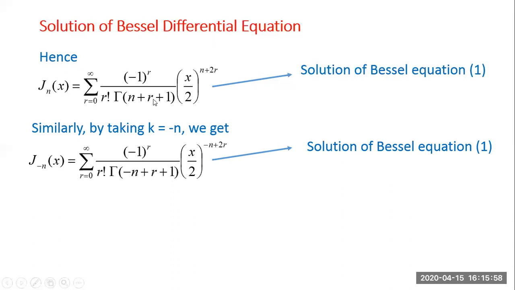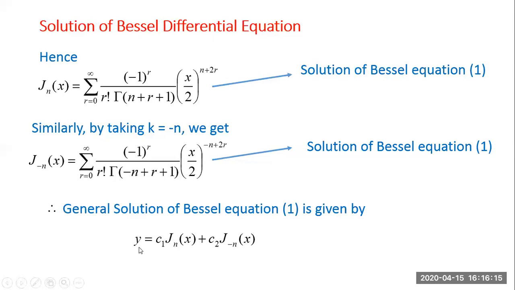So the Bessel's equation is a second order differential equation. And if Jn of x and J minus n of x, if you call them as y1 and y2, if y1 and y2 are two independent solutions of a second order differential equation, then its general solution is given by y is equal to c1 y1 plus c2 y2.